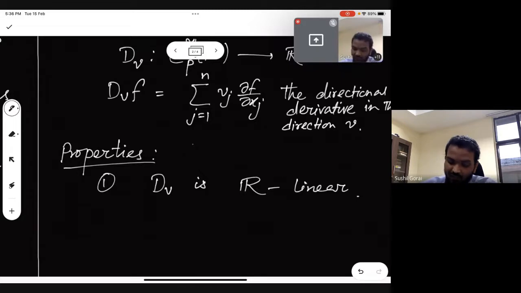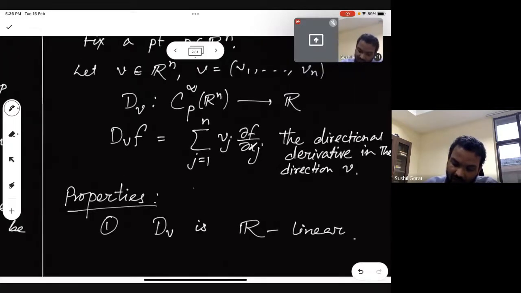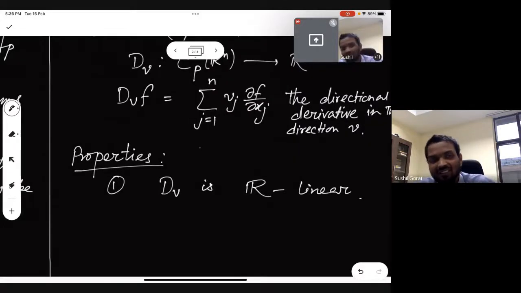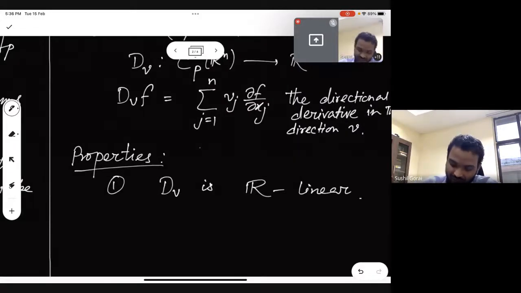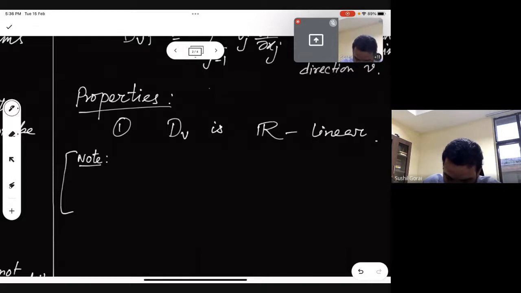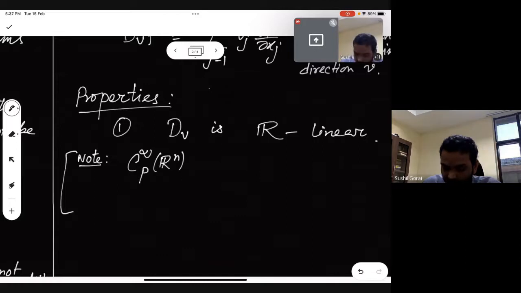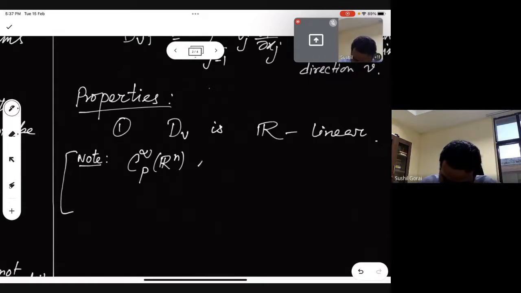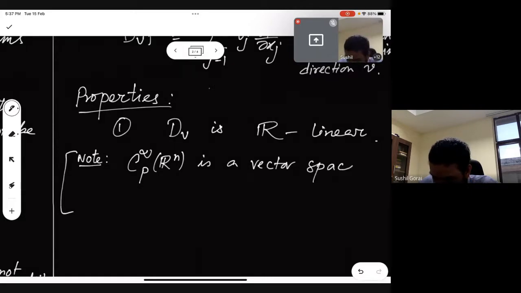The collection of germs of functions forms a vector space, right? So here I put a small note: C infinity at P, R^n, or sometimes I'll write C infinity at P if R^n is very clear from the context. It's a vector space, right?